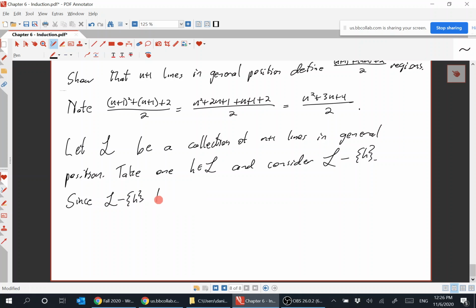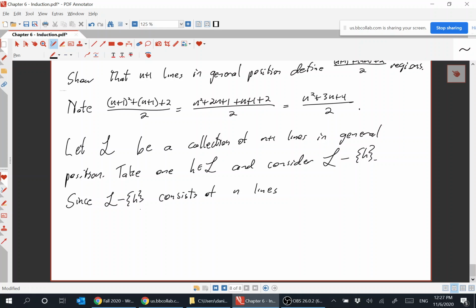Not has, but consists of. What about those lines? What's special about the lines of L? They're in general position.